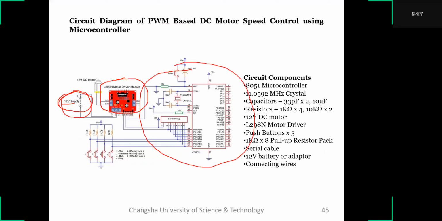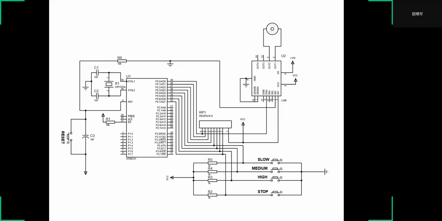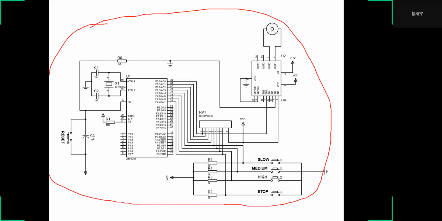You can search online about the pins of the L29HN IC. This is a diagram. I have a test. This diagram can be simulated.